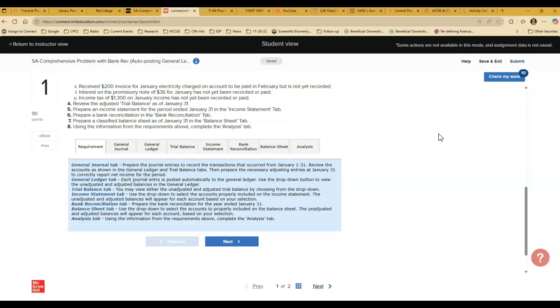Because let me just tell you, one small logic error, let's say for instance, you weren't clear on when to record supplies expense. You with me? Now your income statement's off. Now your retained earnings statement is off. Now your balance sheet is off. Because remember, they're dependent upon one another. If your income statement's wrong, then your retained earnings statement's wrong, then your balance sheet is wrong.